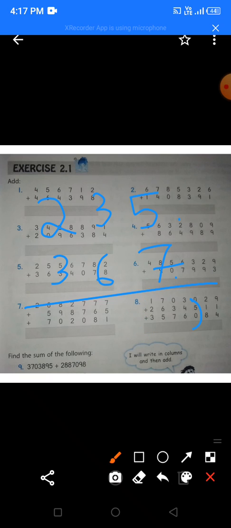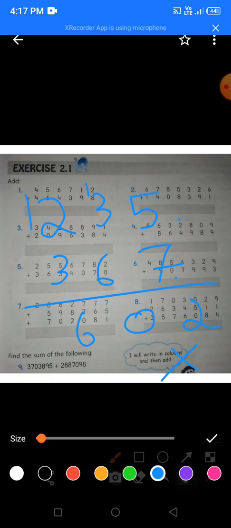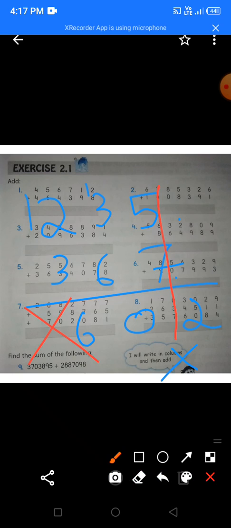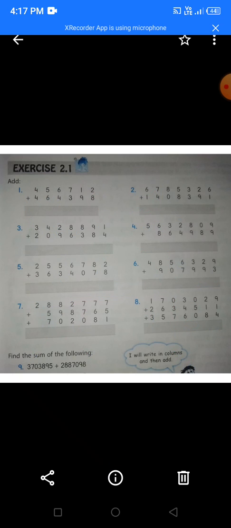And neither will you write 2 here. And then you will carry 1 and then you will write 0 here. Then you will do like this. This is a wrong way. This is completely wrong. Why? Because it is not under the same line. Okay. So how will you add children? Look here.